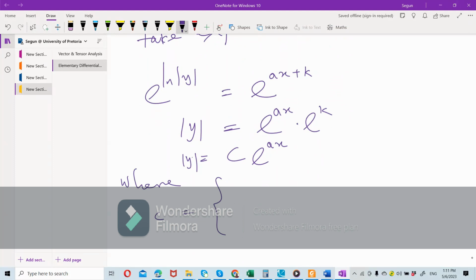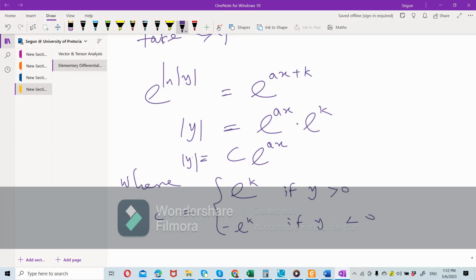Don't forget, because if I have exponential k if y greater than 0, then negative exponential k if y less than 0.